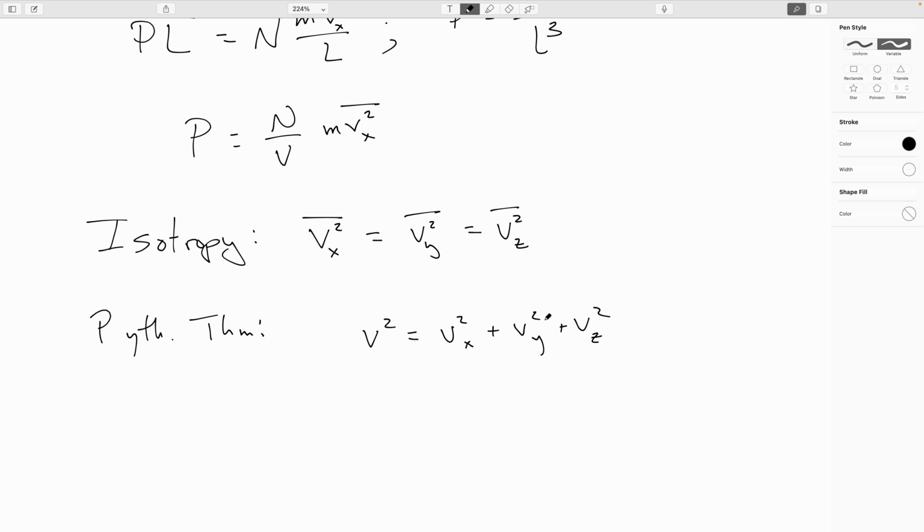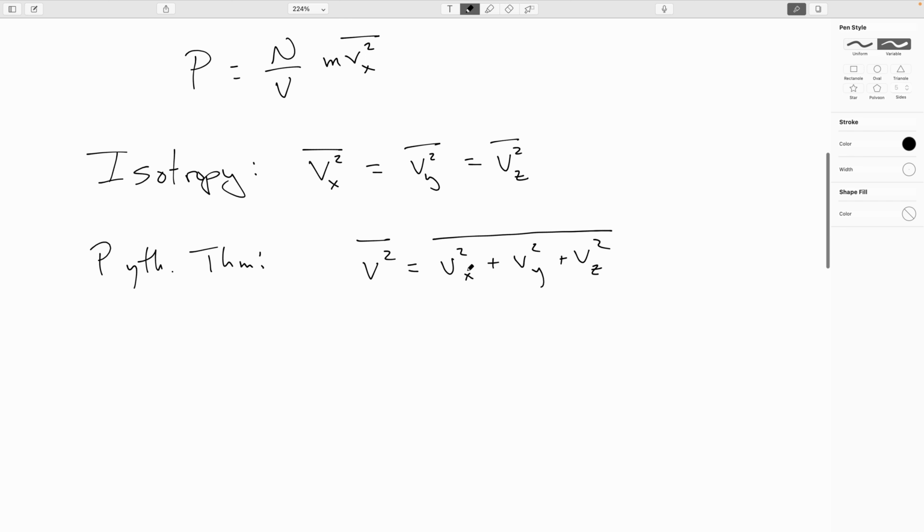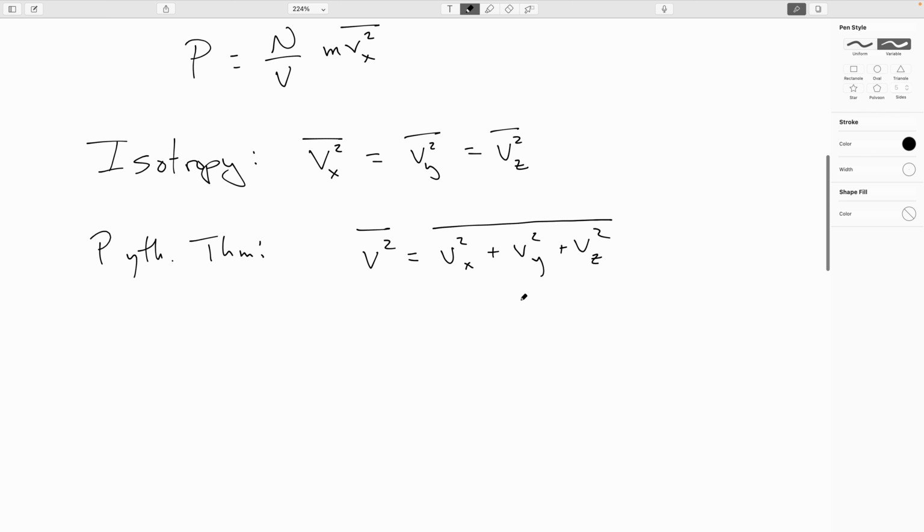Now, this is true for a particular molecule, and it's true for the average value of all of the molecules. So this is the average of, if I take Vx squared and add to that Vy squared and add to that Vz squared and then take an average of that over all the molecules, that's what that is.